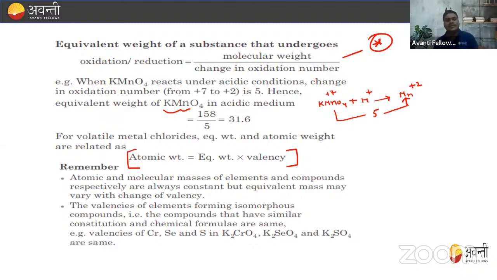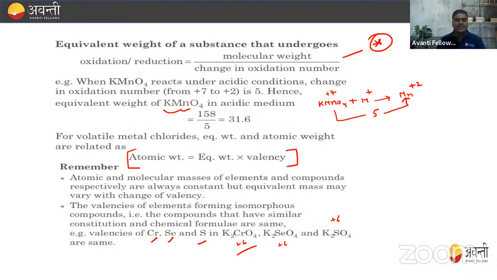The valency of elements forming isomorphous compounds, that is, compounds that have similar constituents and the same chemical formula, like the valency of chromium, selenium and sulfur. ठीक है, सबकी वैलेंसी यहाँ पे सेम है. क्रोमियम निकाल लो, सेलेनियम निकाल लो, सल्फर निकाल लो, all having the same valency of +6.